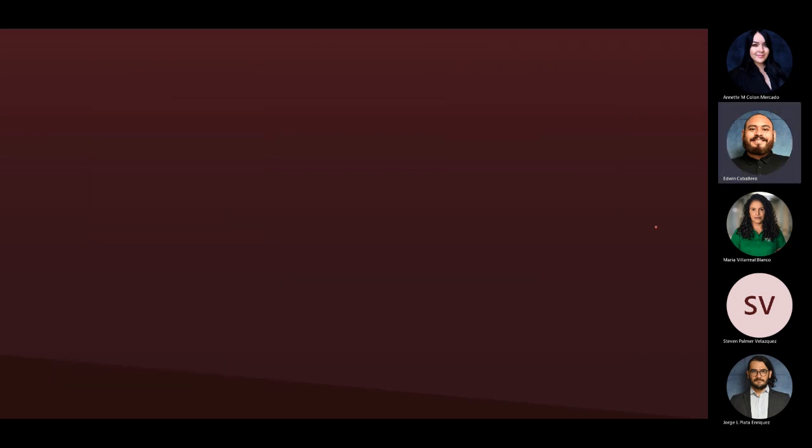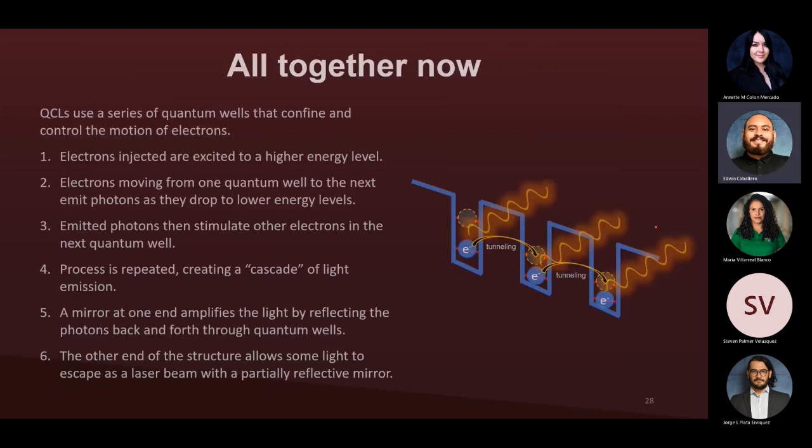Now, if you use this concept all together, what we have is a quantum well where an electron is going to be excited by electricity, then it's going to go down, and when it goes down from one subband to the other, the inter-subband transition, it's going to generate a photon. And then that electron is going to use quantum tunneling to go to the other quantum well.